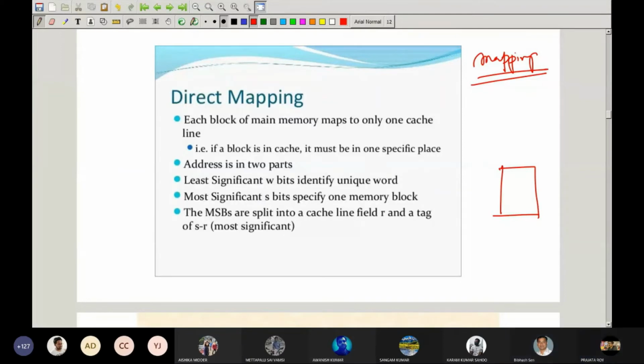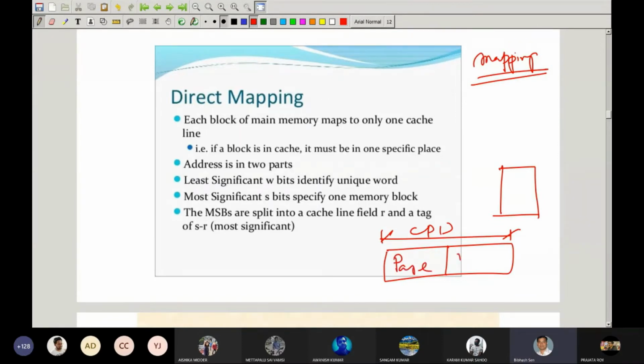Okay, sir. Each block of main memory maps to only one cache line. This is correct. If a block is in cache, it must be in one specific place. Address is in two parts. If you generate the CPU address, you will find the page location and the page offset.